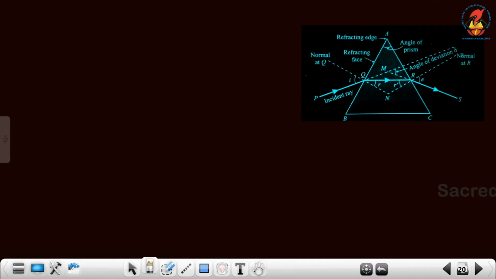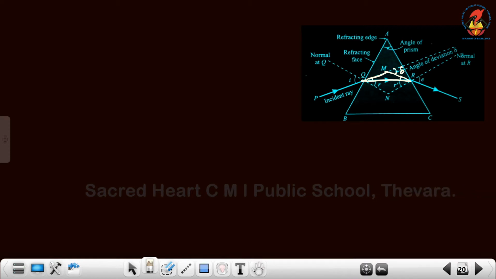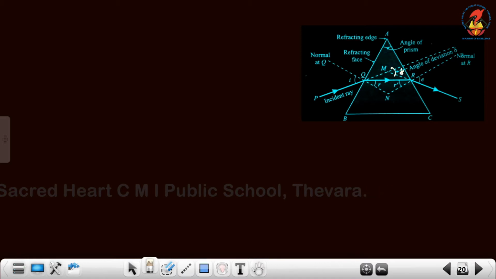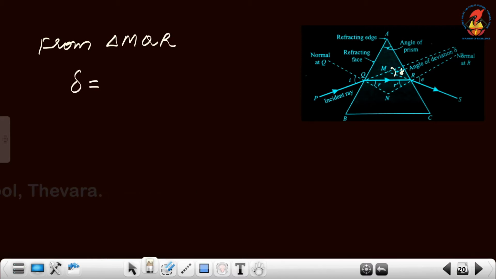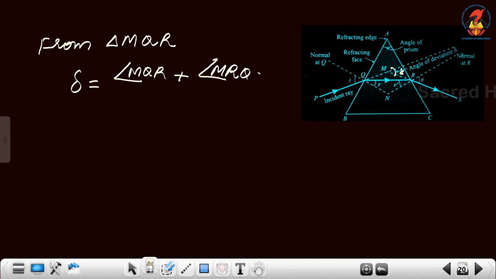Now, from the triangle MQR, we can say the exterior angle, that is delta, is equal to the sum of the opposite interior angles, that is angle MQR plus angle MRQ. But we don't know what MQR is and we don't know what MRQ is. So just look at this diagram. This is angle I, isn't it?